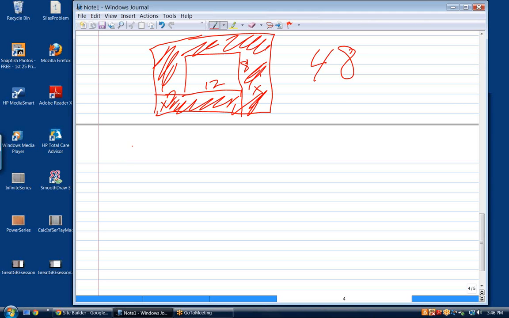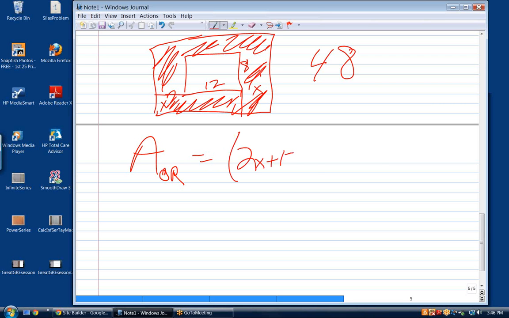Oh, that's probably what I did. What is the area of the outside rectangle? That is 2x plus 12 times 2x plus 8.